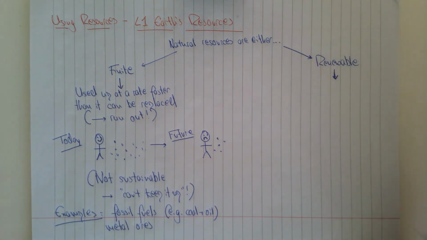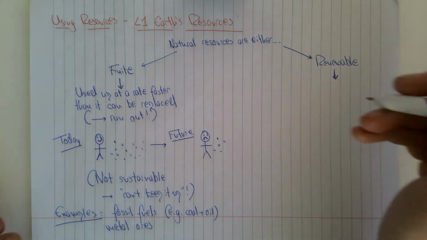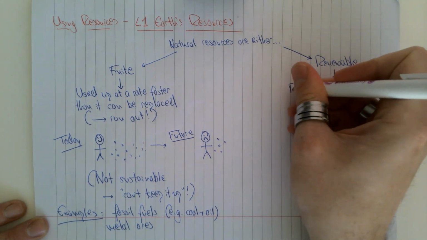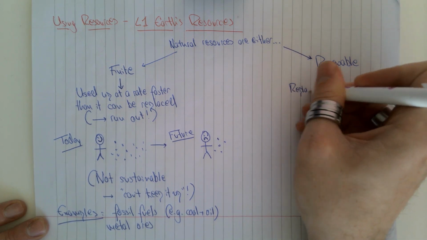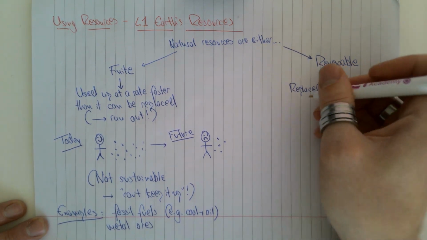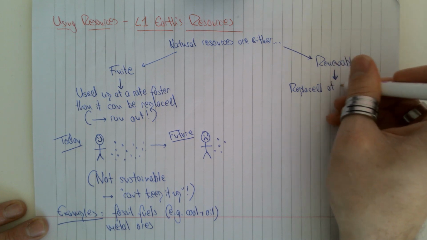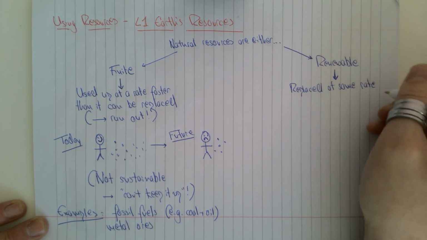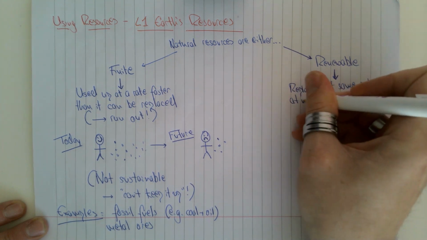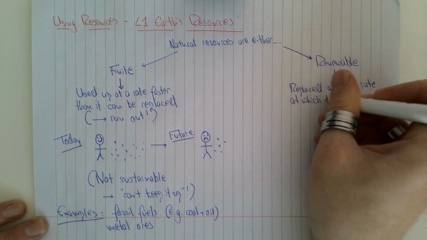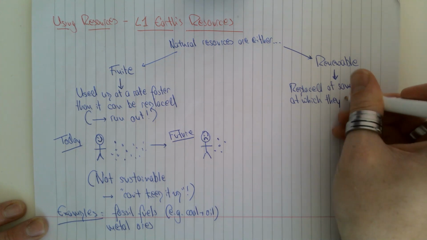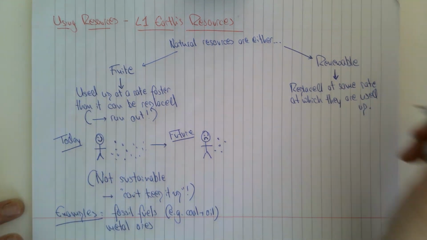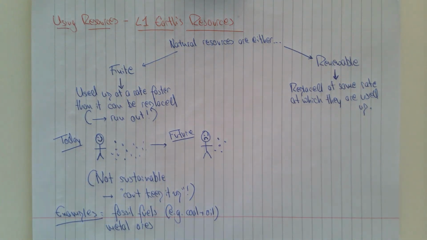So hopefully you've built a nice little picture and some notes there. Now if we think about renewable in terms of the same definition, renewable resources are ones that can be replaced at the same rate at which they are used up.